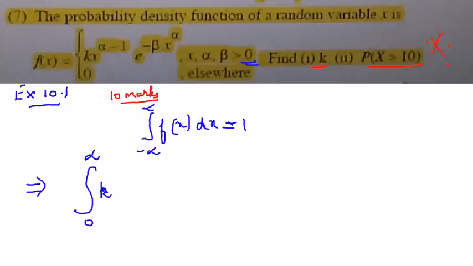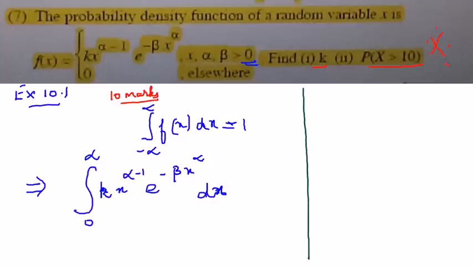It is k into x power alpha minus 1 e power minus beta x power alpha dx. How are we going to integrate this? Obviously it looks complex. Whenever you have such a complex equation to integrate, you split it into simpler ones.